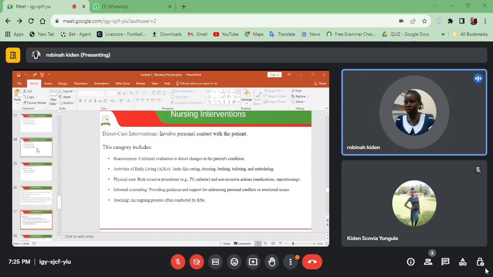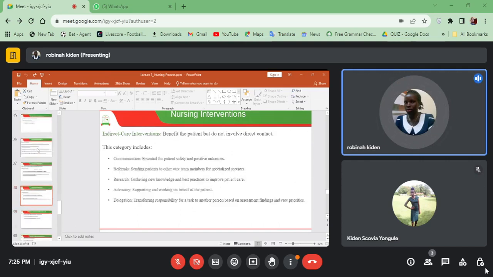Then we have indirect care interventions, which benefit the patient but do not involve direct contact. And these include communication, essential for patient care, for example referring the patient to the dietitian.